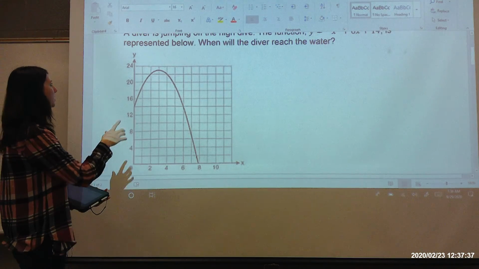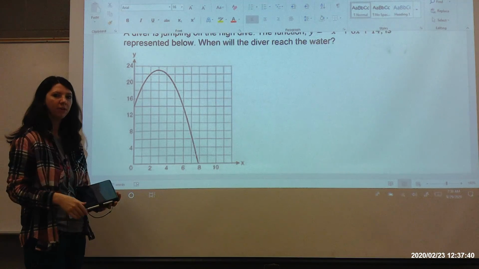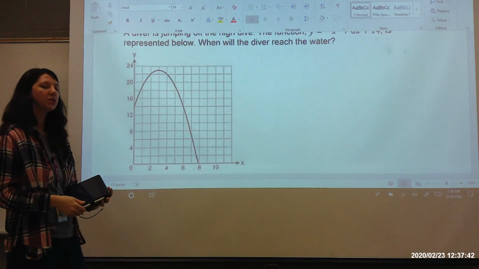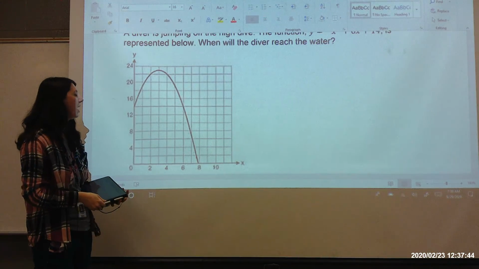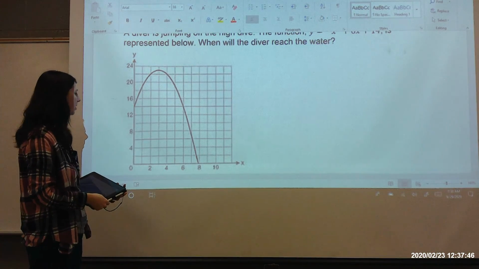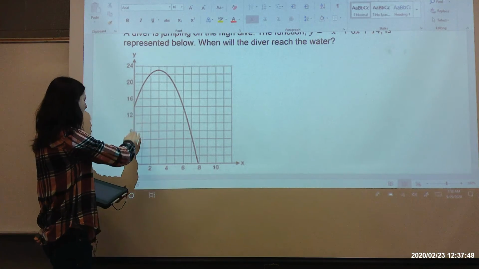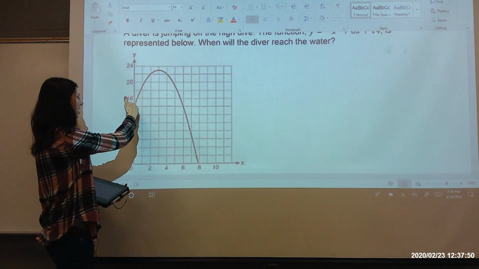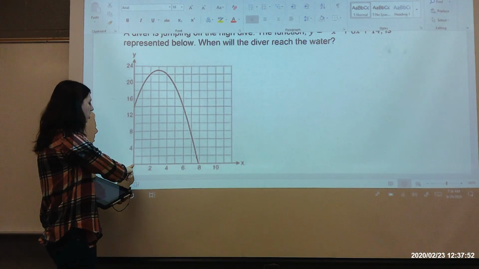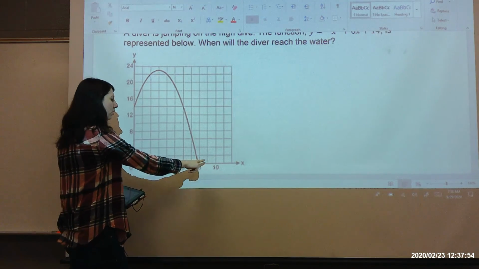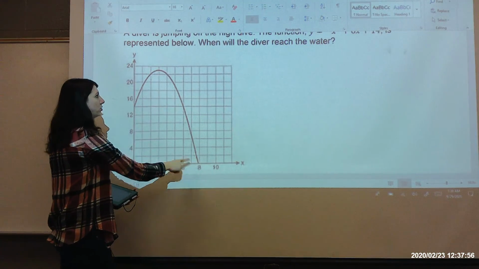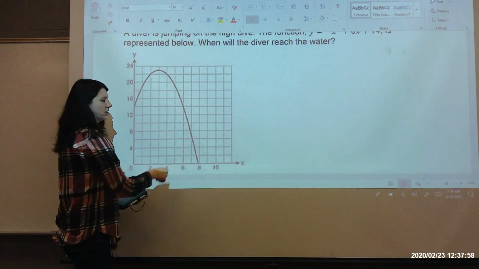We need to figure out what key feature of our graph would help us determine that. So if he is jumping off the high dive, he will reach the water at a height of 0. So here would be the high dive. He'd jump up, back down. So when our height is 0, we have a solution, and that would be our x-intercept here.